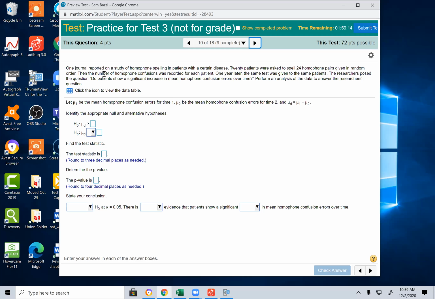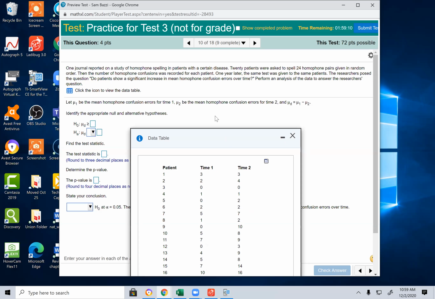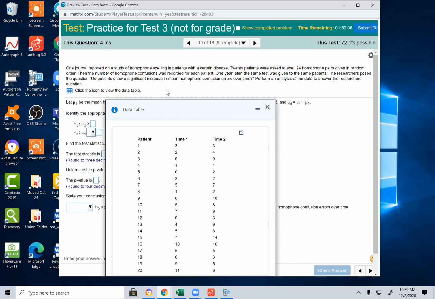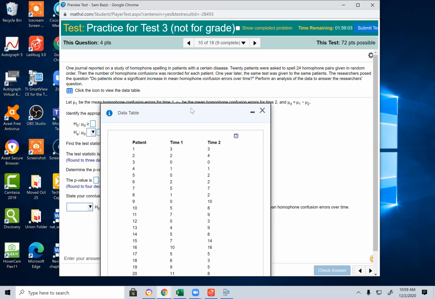This is section 3, guys, when the samples are dependent. All right. So it's going to be some work here. One journal reported on a study of homophone spelling in patients with a certain disease. 20 patients were asked to spell 24 homophone pairs given in random order.